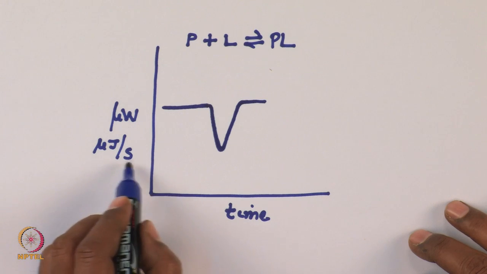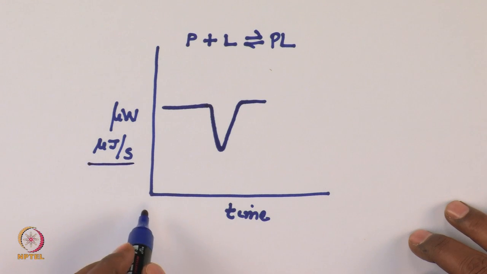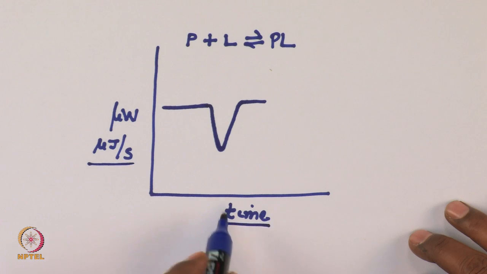Now, you see, the y axis is microcalories per second or microjoules per second, the x axis is time.